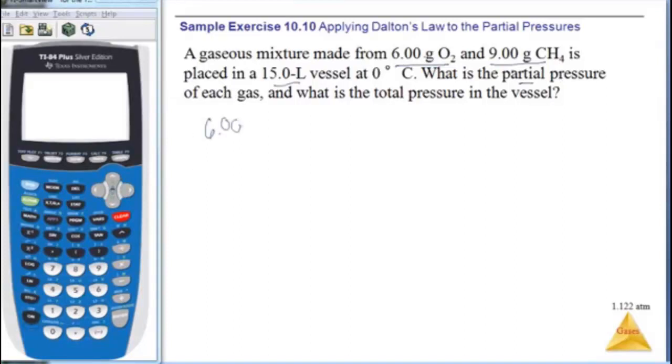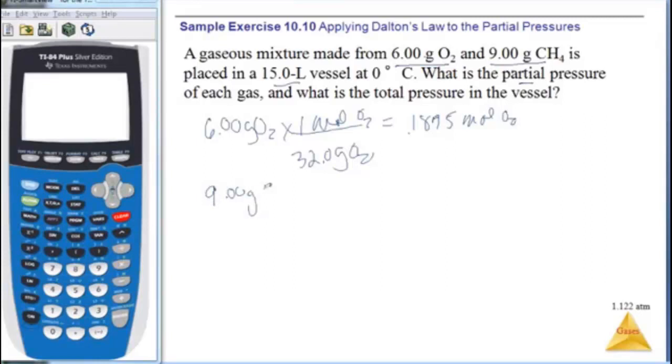If I have 6.00 grams of oxygen and 32.0 grams of oxygen is 1 mole of oxygen, this is going to give me 0.1875 moles of oxygen. And as I always say, take sig figs pretty far out, right? Because we're going to round at the very end. If I have 9.00 grams of methane, what I know is 1 mole of methane is 16.05 grams.